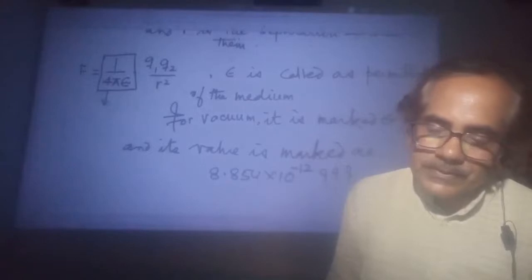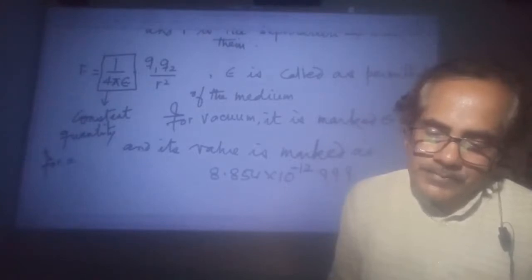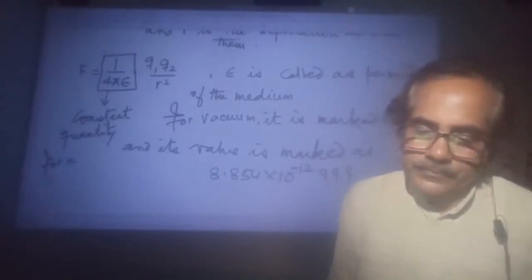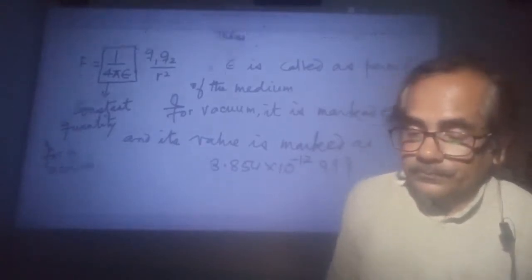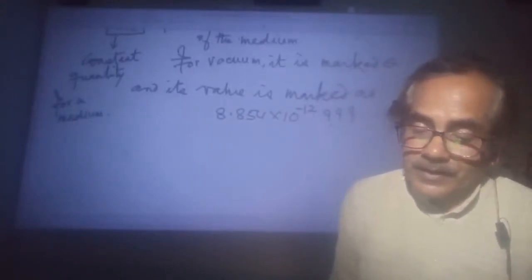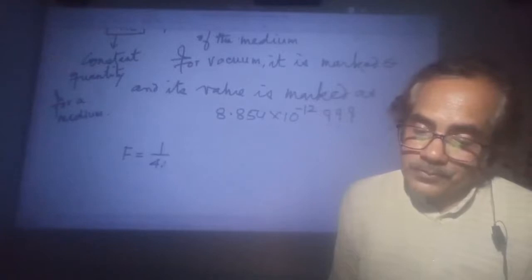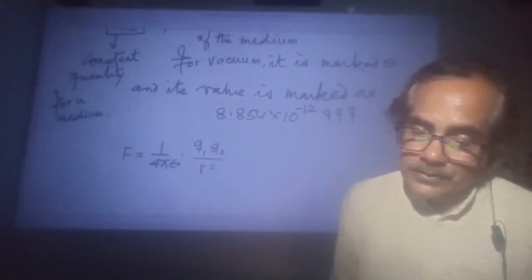This is a constant quantity for a medium. So finally, the force is 1 upon 4 pi epsilon 0 into Q1 Q2 upon R square.